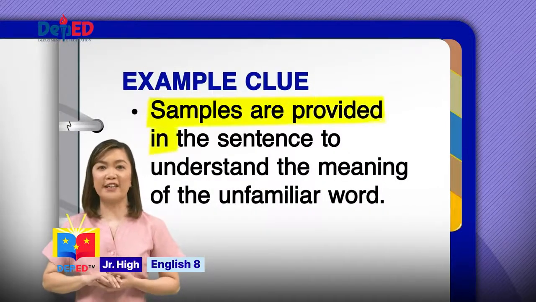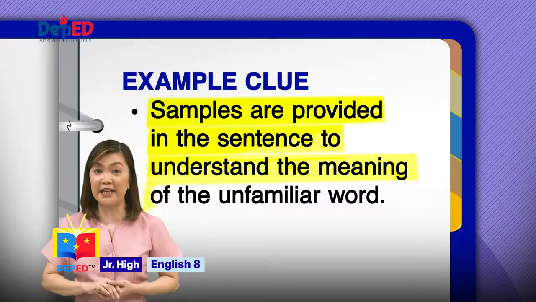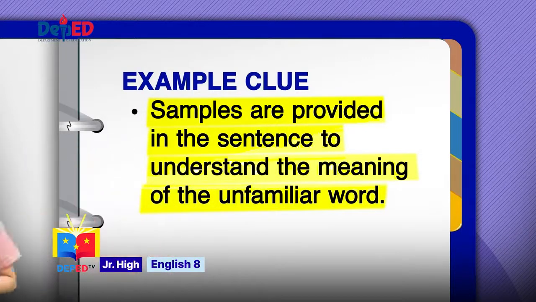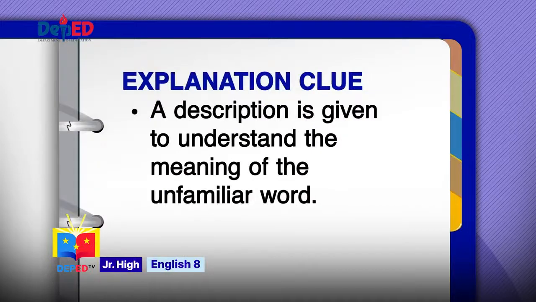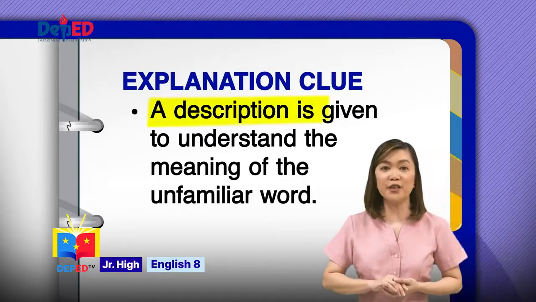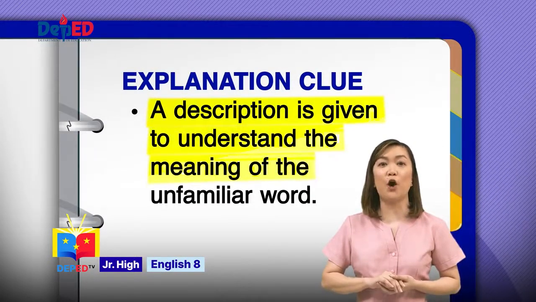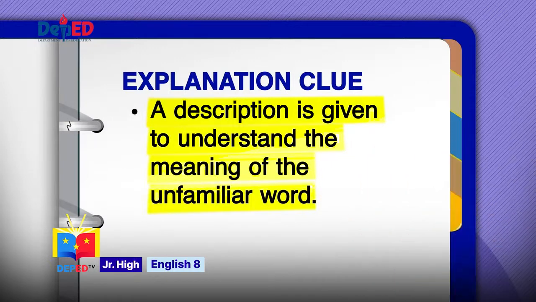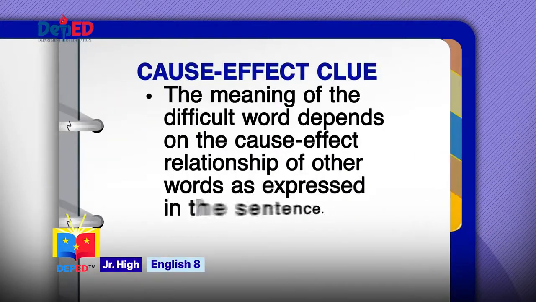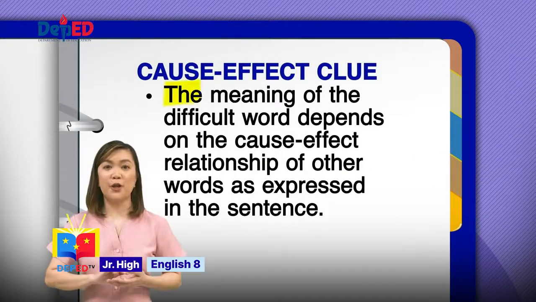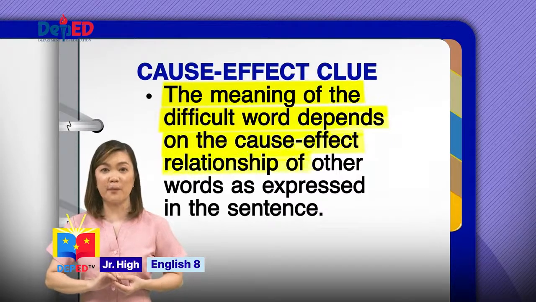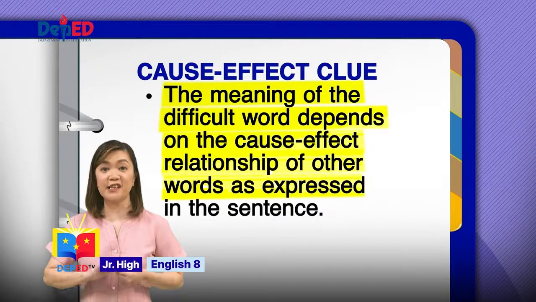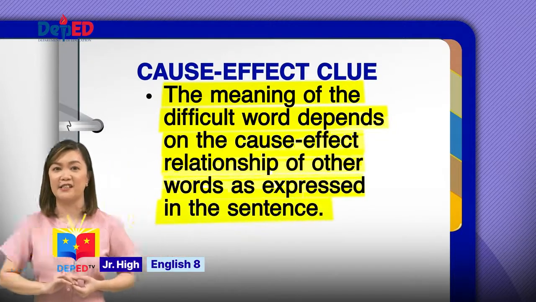Samples are provided in the sentence to understand the meaning of the unfamiliar word. Then, we have explanation clue. A description is given to understand the meaning of the unfamiliar word. Then, we have cause-effect clue. The meaning of the difficult word depends on the cause-effect relationship of other words as expressed in the sentence.